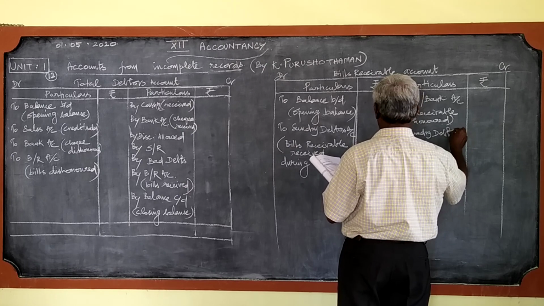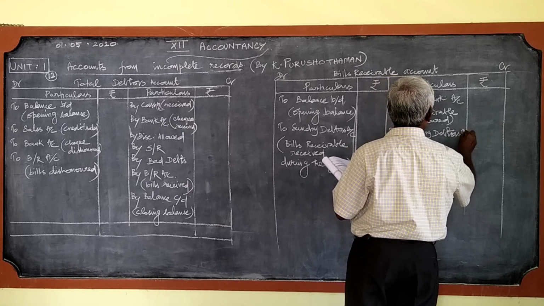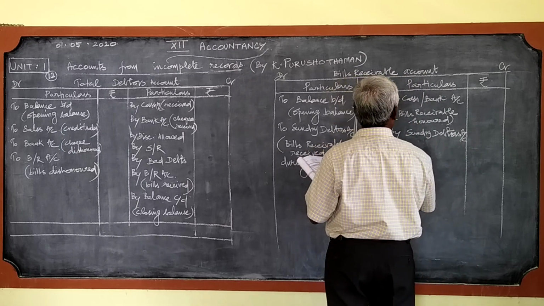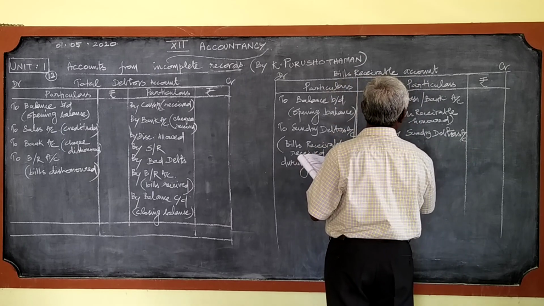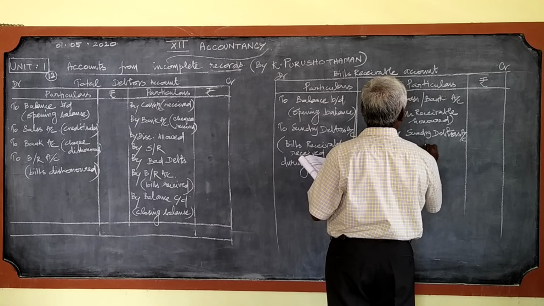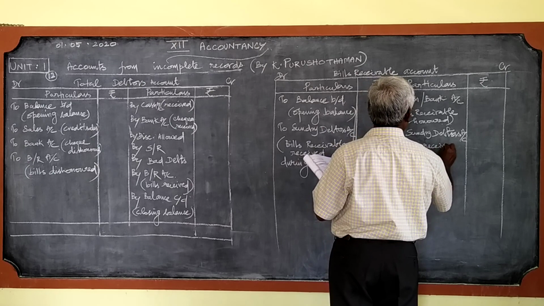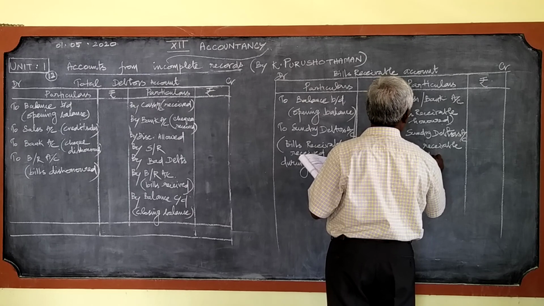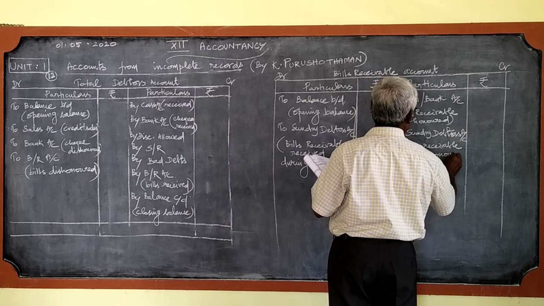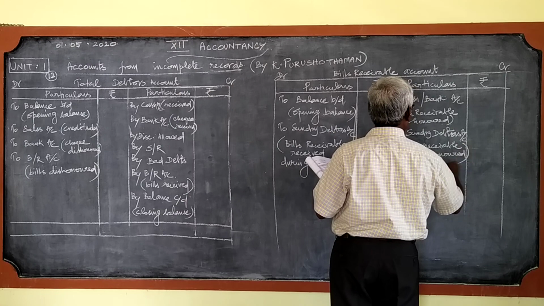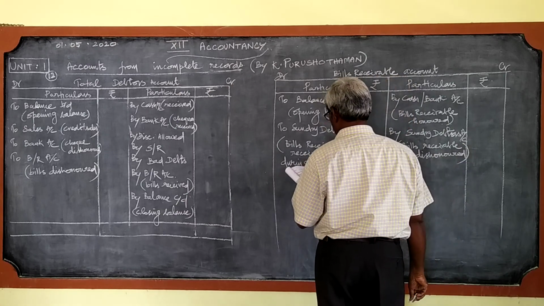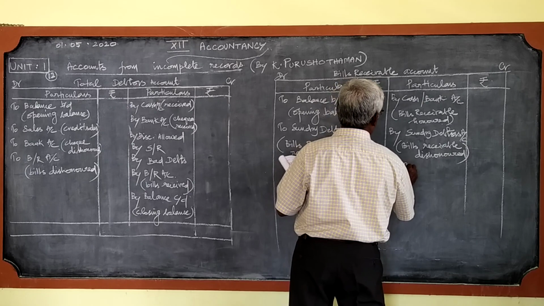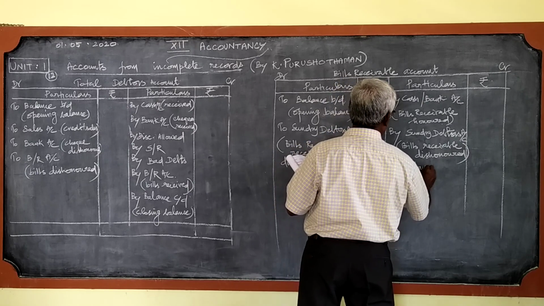This is bills receivable dishonored. And the last one is by balance carried down.